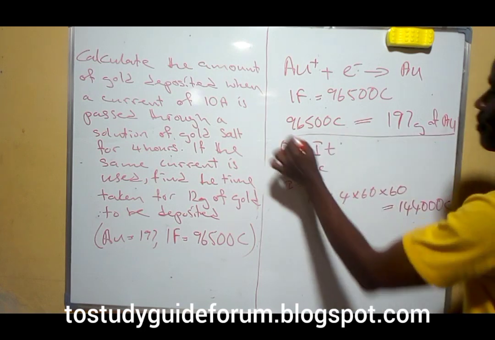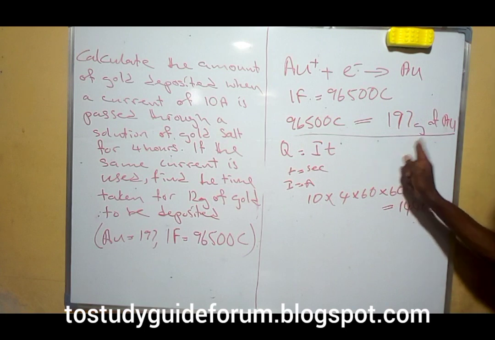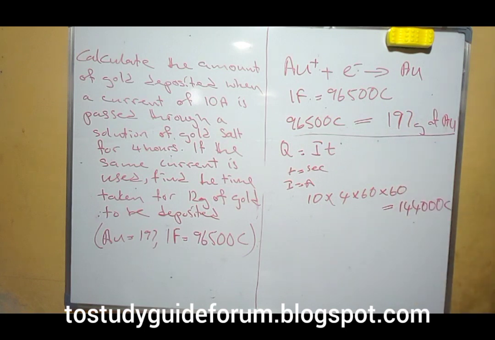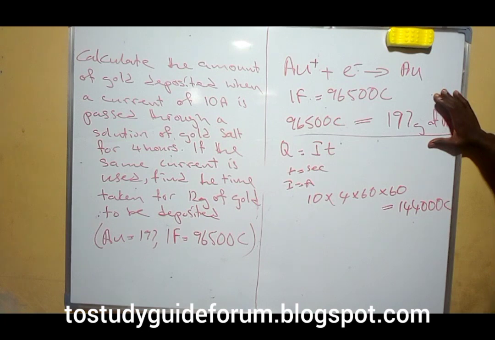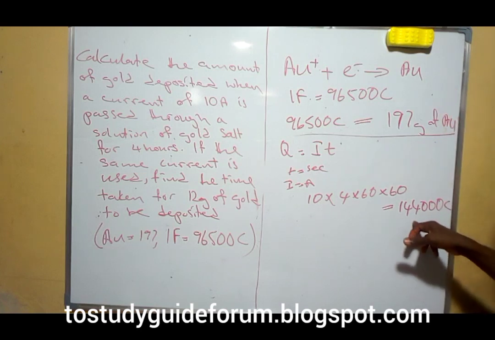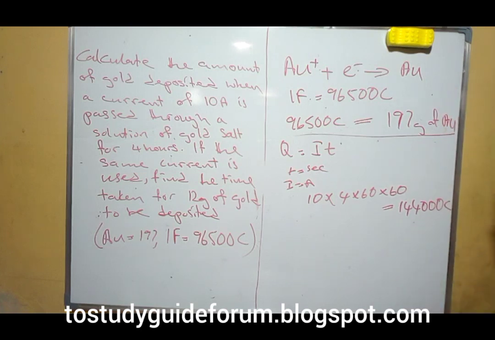So now the next thing we're going to do here is that since we know that this is what we have for a unit mass of gold, that is 197 grams of gold to be deposited, we're going to find out how many grams of gold will be deposited here.